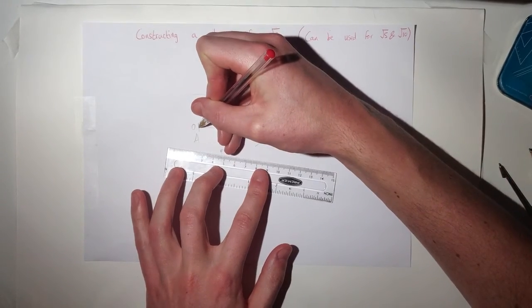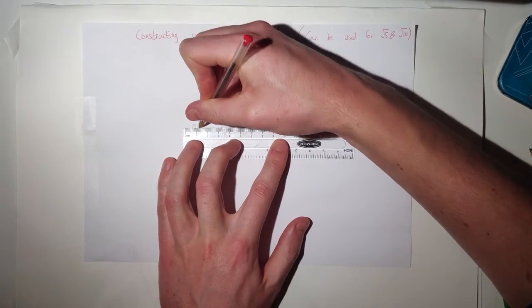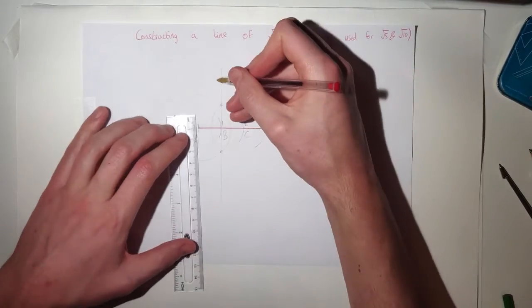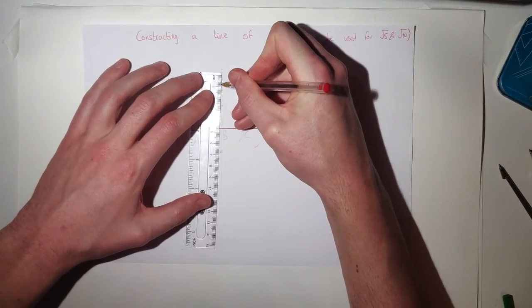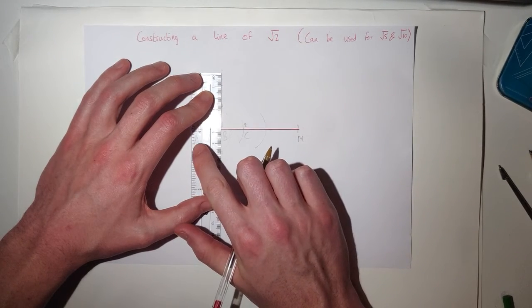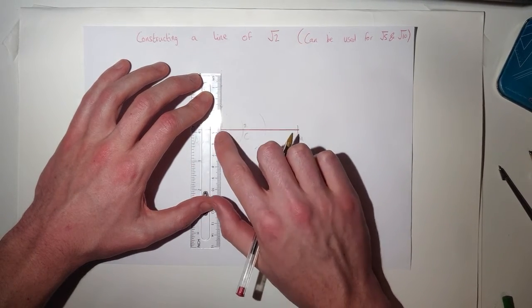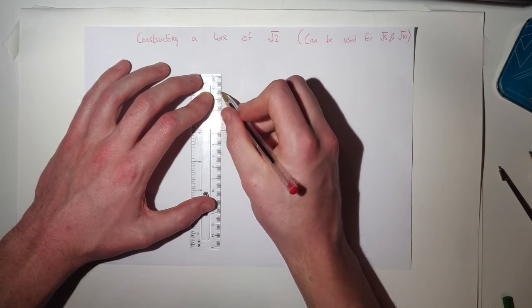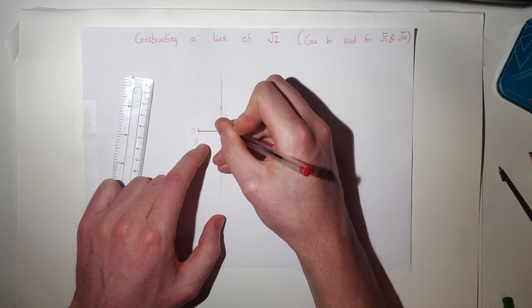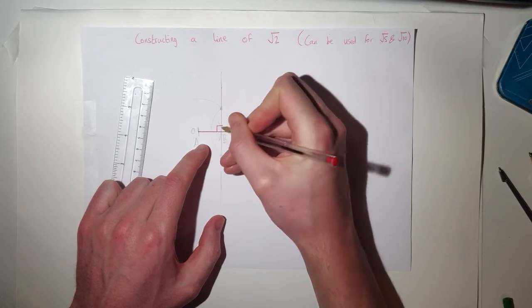AC is really the line that's most important. That's point 1. Now what I'm after creating is the perpendicular bisector between A and C, so it's halfway between the two. And what that does is it cuts it here at a 90-degree angle.